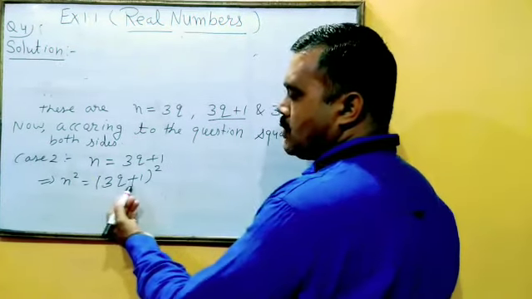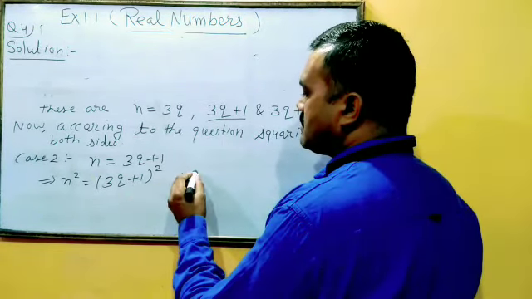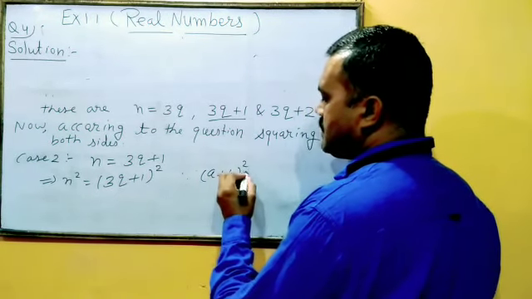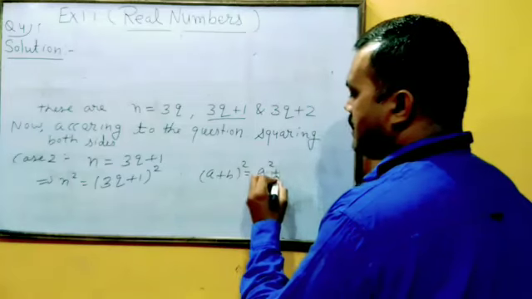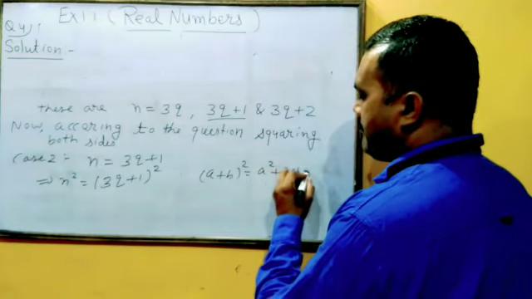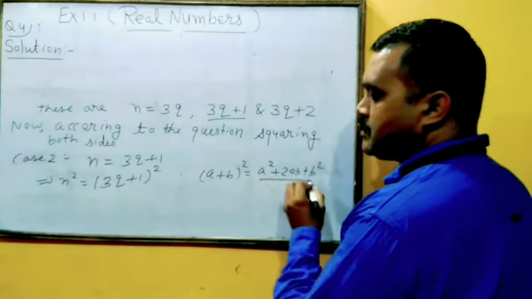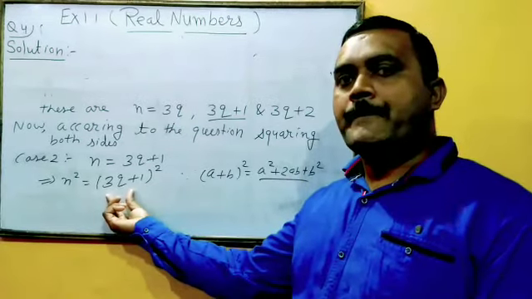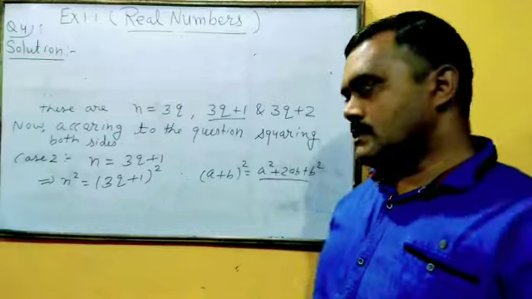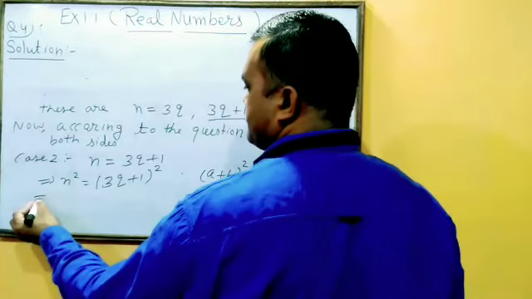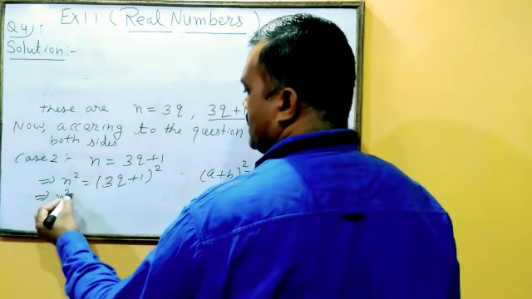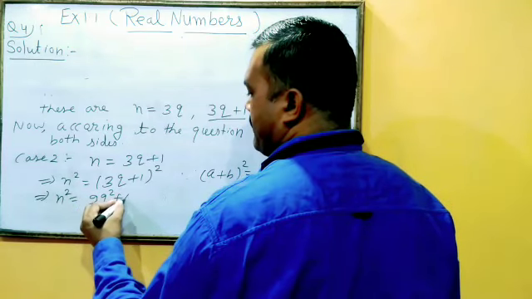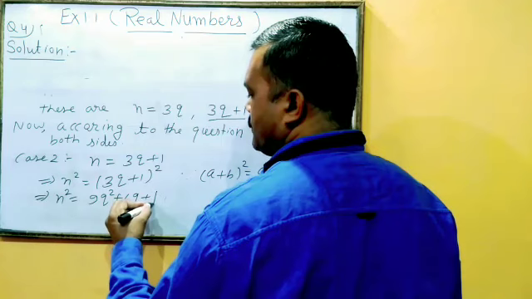You know how to open the whole square of any number: a plus b whole square is equal to a square plus 2ab plus b square. This you know very well. We'll apply this formula here, and let's see what your answer is. We have n square is equal to 9q square plus 6q plus 1.